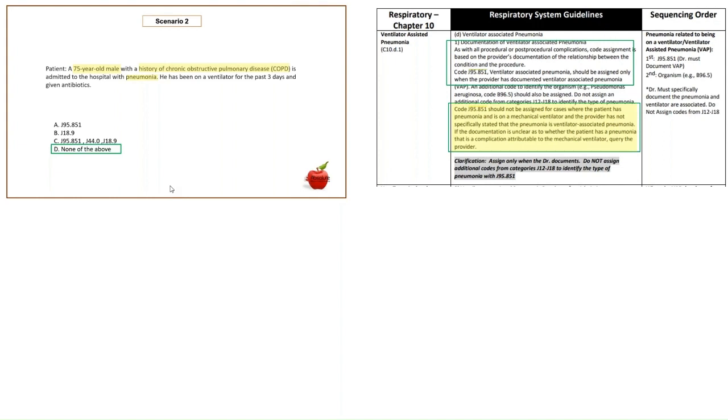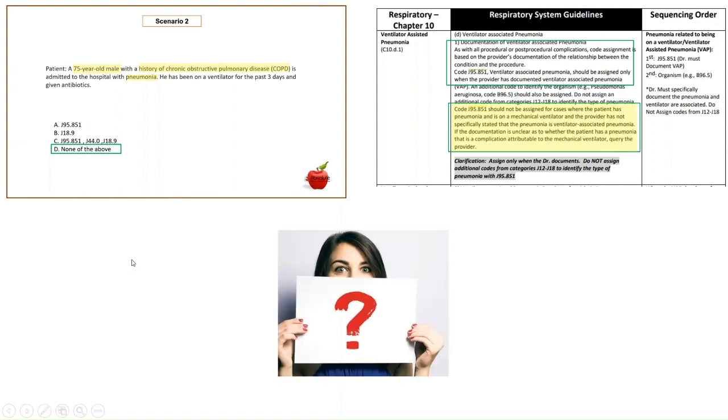Since the guideline states to query the physician for clarification, we will be querying the provider whether it is a ventilator associated pneumonia or not, and further code accordingly. So that was a good one, I think.